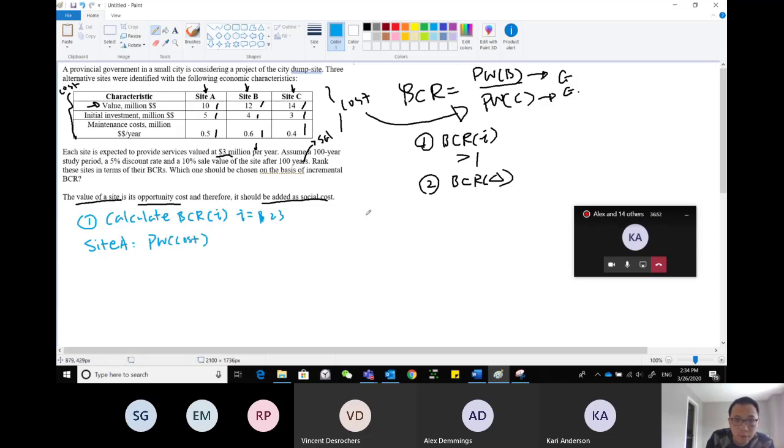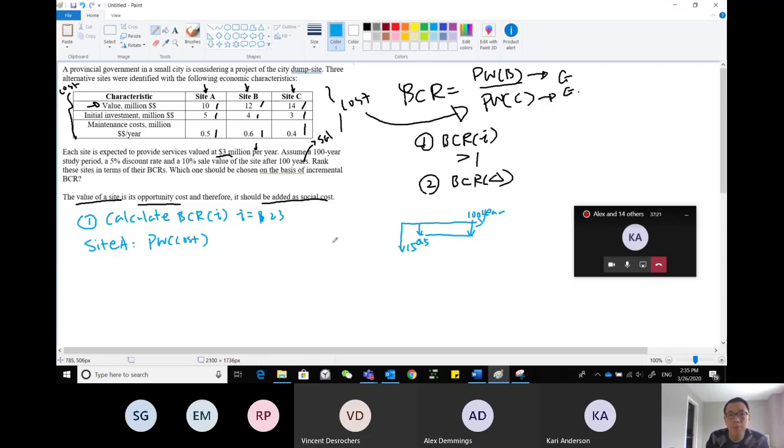The cash flow diagram for site A looks like this. It will have an initial investment and also opportunity cost of $15 million, right? And then it will have $0.5 million per year as a maintenance cost, and this will last for 100 years.